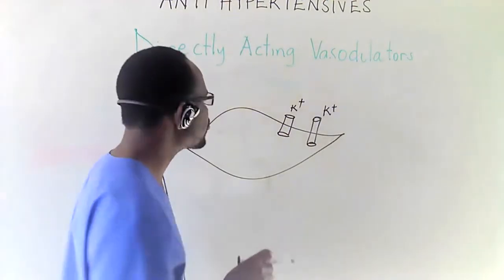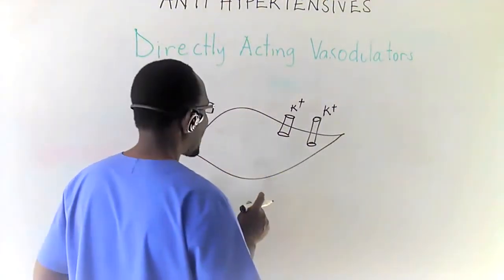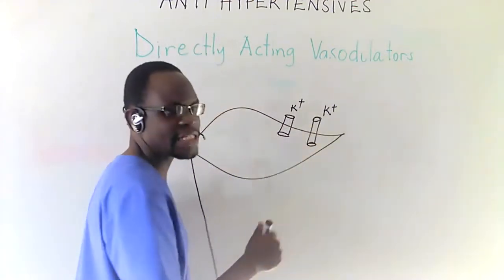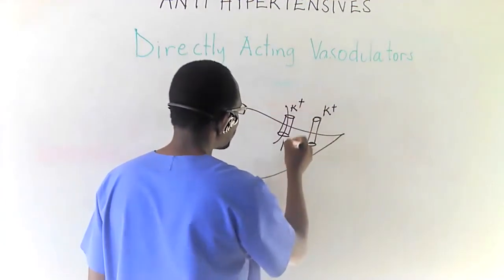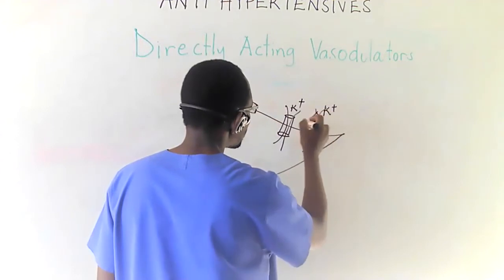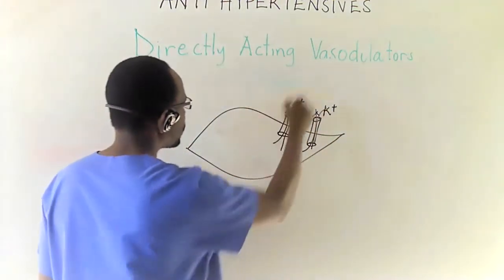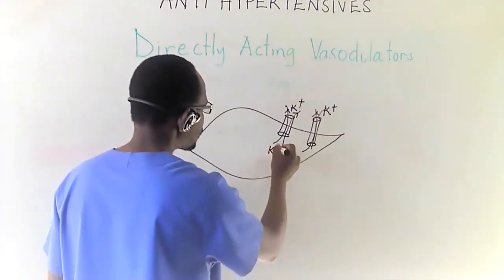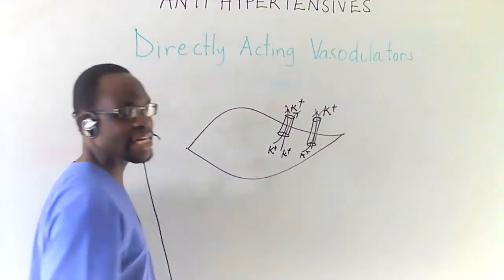So if these drugs, minoxidil and diazoxide, cause opening of potassium gated channels, what will happen is that the potassium will exit. You will have potassium moving out of the cell, because it is an intracellular ion.